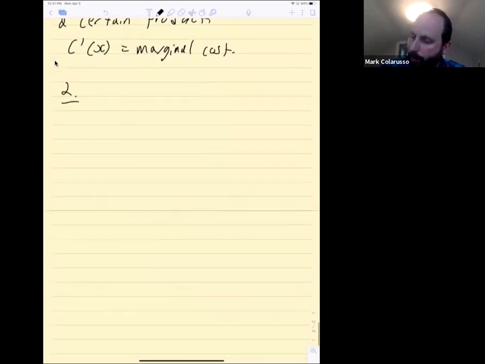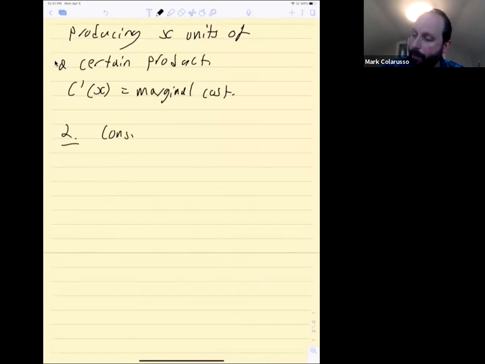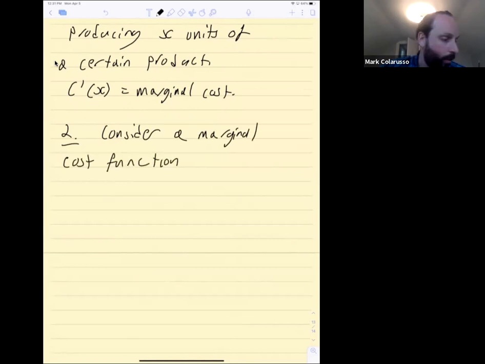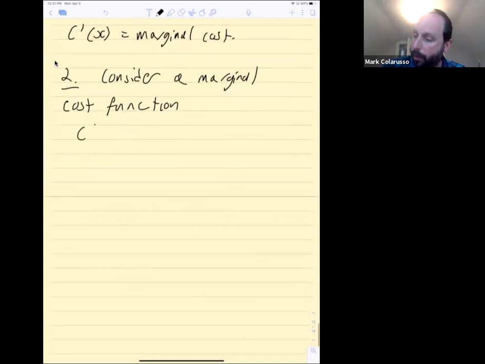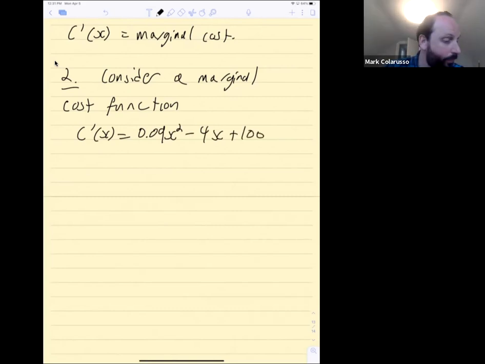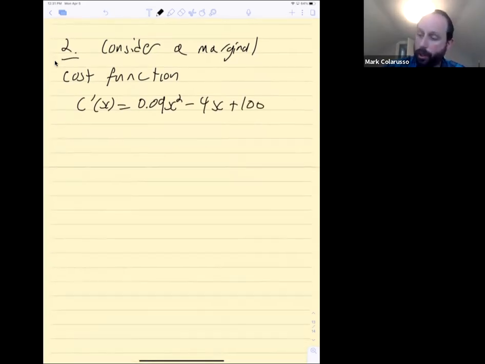Okay. So consider a marginal cost function, C prime at X equals 0.09 X squared minus 4X plus 100. So that's going to be our marginal cost.